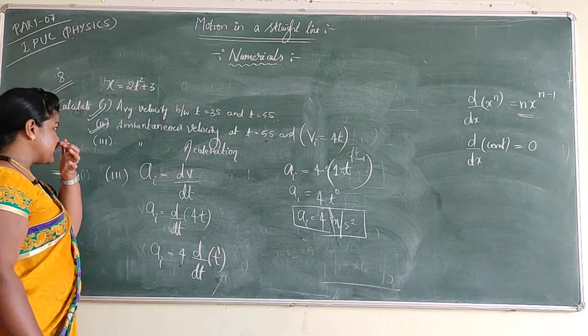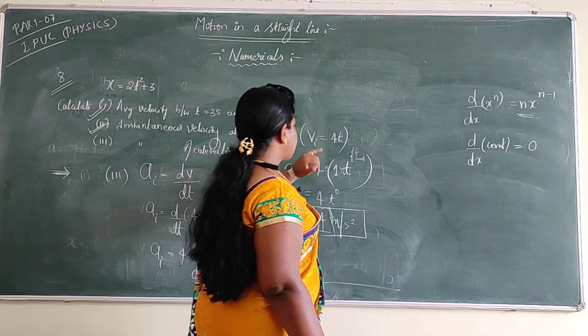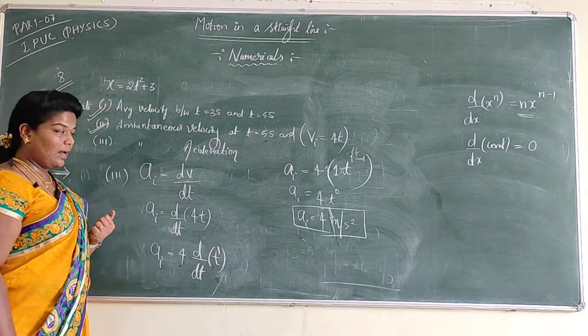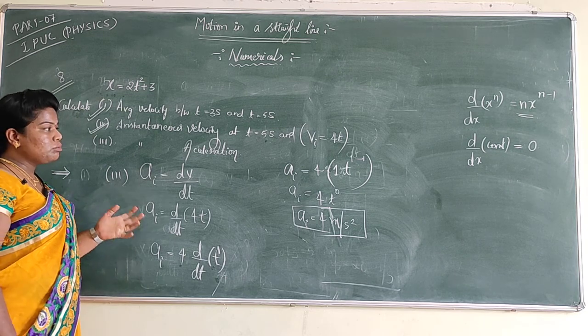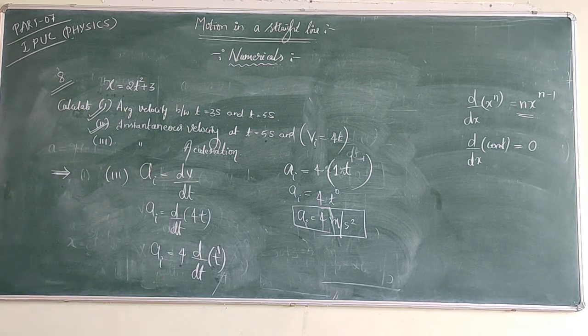Dear students, suppose we have still not calculated the instantaneous velocity by the time we should move to the calculation of acceleration. Then how to proceed? We should move to double time differentiation.